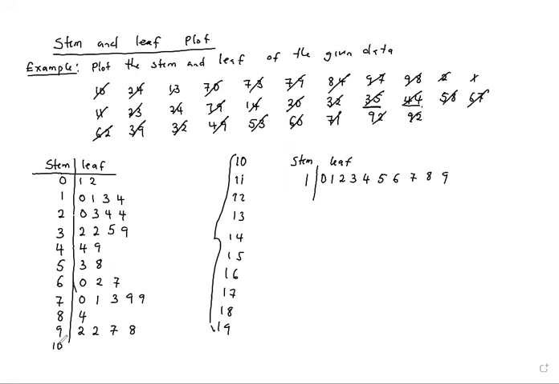Okay. If we had 101, 109, 111, you would say 10, there's 1, there's 9, and then 11 is 1.